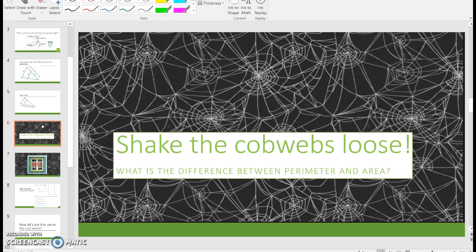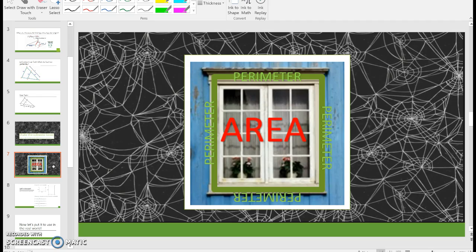So what is the difference between perimeter and area? So say for example in our classroom, perimeter is the distance around the room and area is all the space within it. So if we look at this picture here, around the window is the perimeter, and then the window itself, the space inside it, is the area.